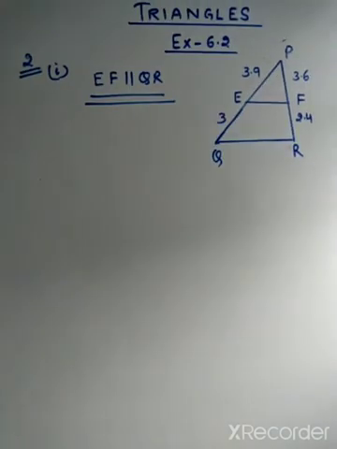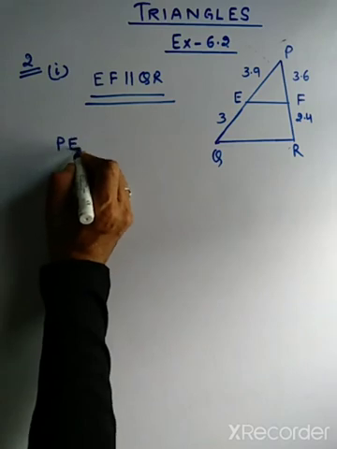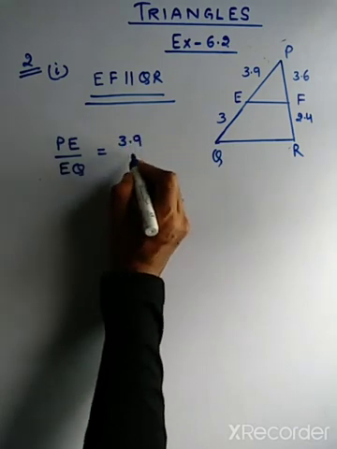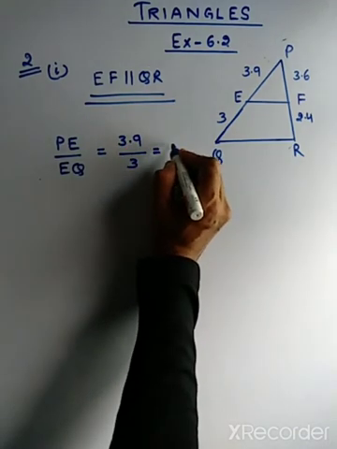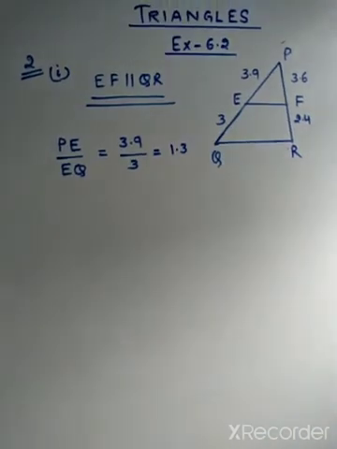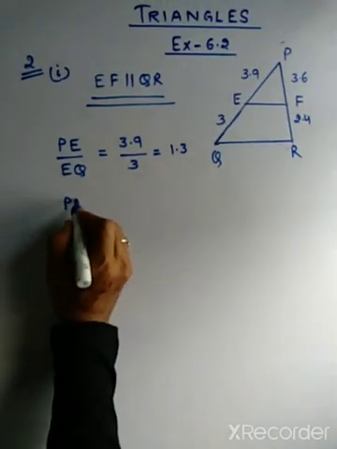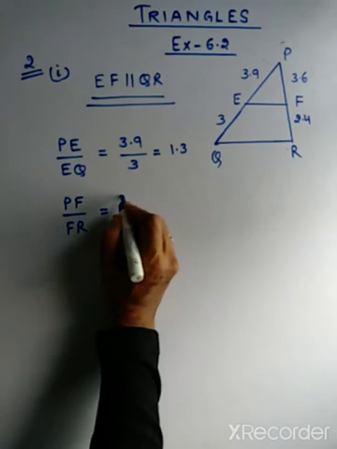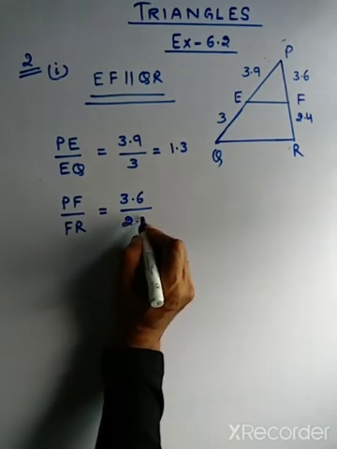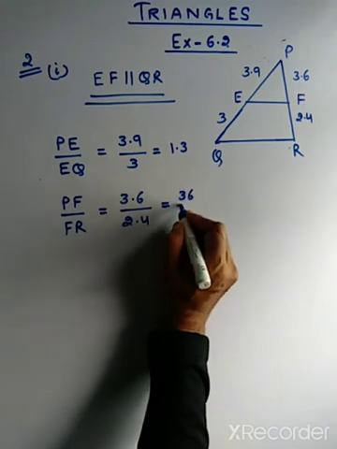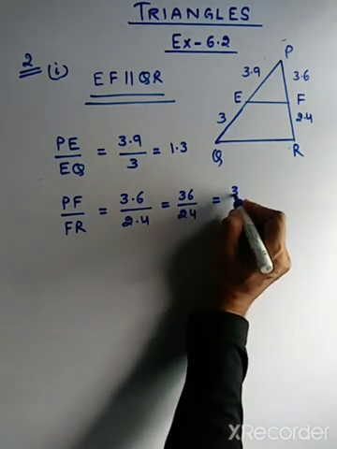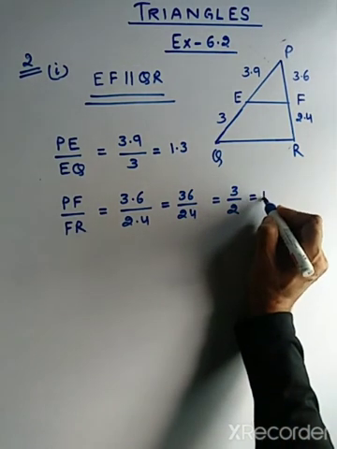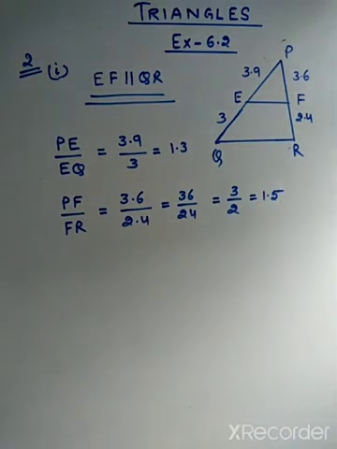So in the first part, if we calculate PE upon EQ, which will be equal to 3.9 upon 3, which is equal to 1.3, and PF upon FR, which is equal to 3.6 upon 2.4, that is 36 upon 24, which is equal to 3 by 2, and 3 by 2 will be equal to 1.5.